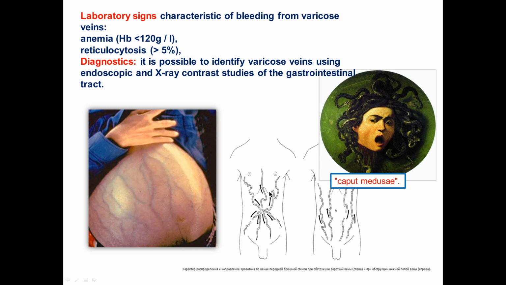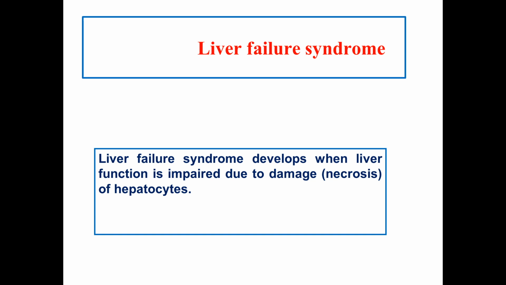The enlargement may take different shapes. You see radiating enlargement in case of occlusion at the sinusoidal and pre-sinusoidal level. In case of post-sinusoidal level, you see vertical enlargement of anterior wall veins.